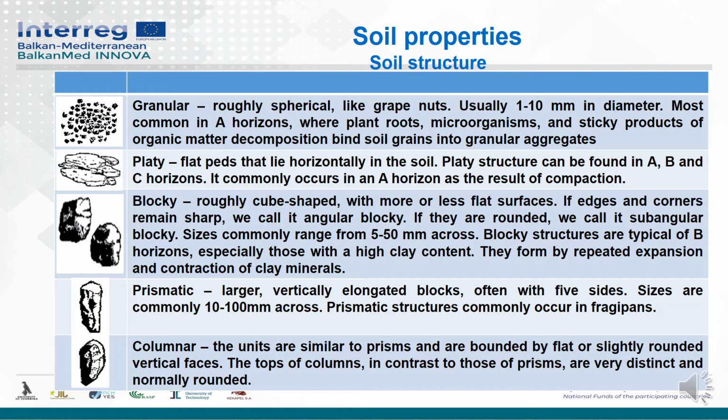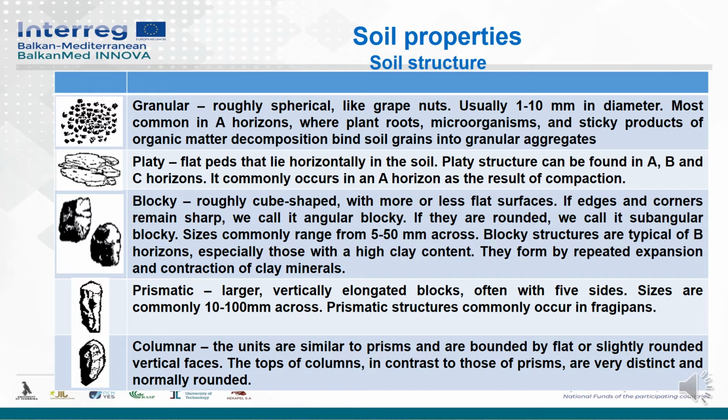Then comes the other type of ped, the blocky, which is roughly cube-shaped with more or less flat surfaces. If edges and corners remain sharp, we call it angular blocky. If they are rounded, we call it subangular blocky.